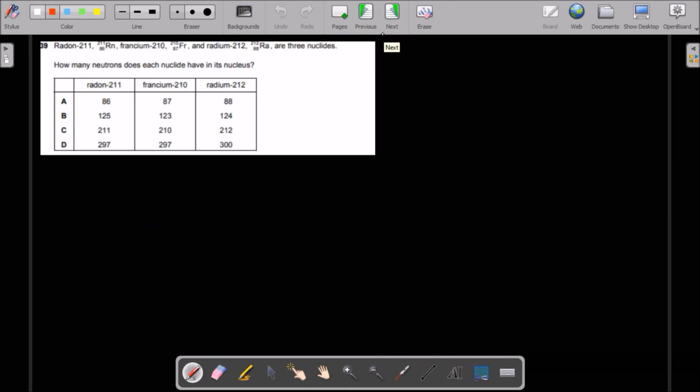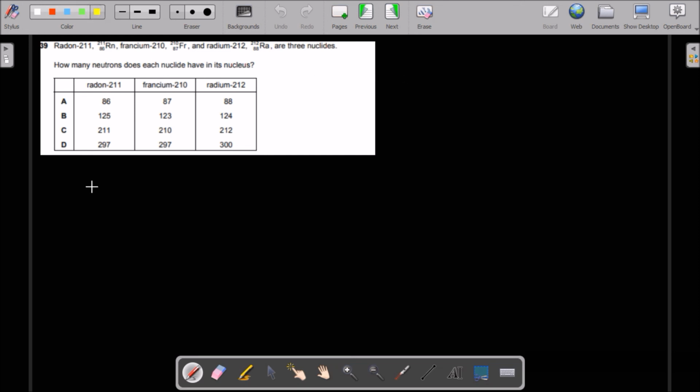39. Radon 211, francium and radium are three nuclides. How many neutrons does each nuclide have in its nucleus? To find the neutron number, you should subtract the atomic number from the mass number.